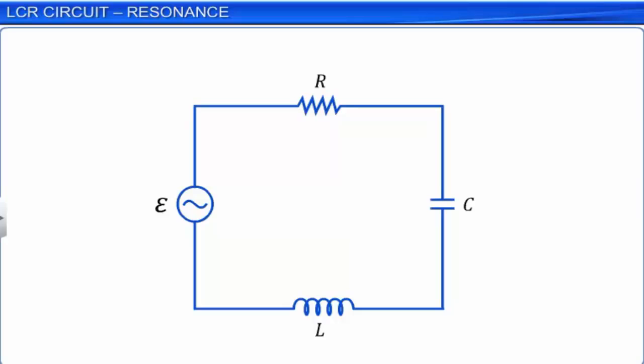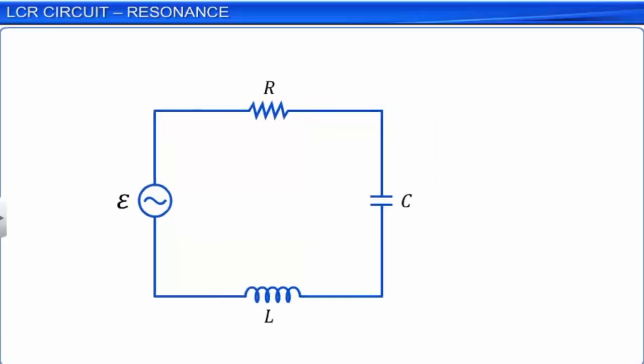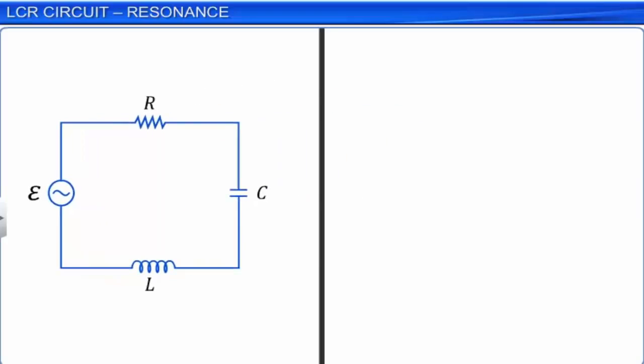We have seen that at any instant t, the applied AC voltage is represented as V equal to Vm sin omega t, where Vm is the amplitude of the AC voltage and omega is its angular frequency. At the same instant, the current in the circuit is given as I equal to Im sin (omega t plus phi), where phi is the phase difference between the AC voltage and the current.